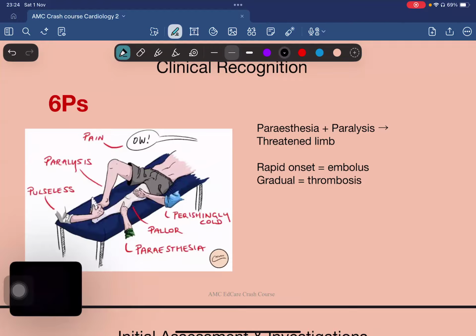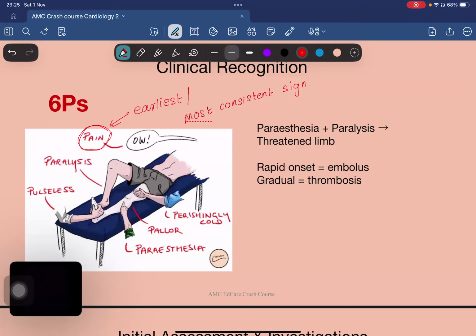With that being said, I would also like to point out that pain is the earliest and the most consistent sign. Usually the pain is sudden and severe and out of proportion. So that's a very early, consistent sign.